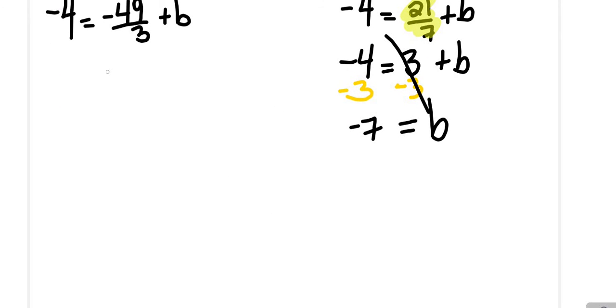So for perpendicular, the perpendicular equation is going to be y equals -3/7 x minus 7. That's the perpendicular equation with those two given parameters.